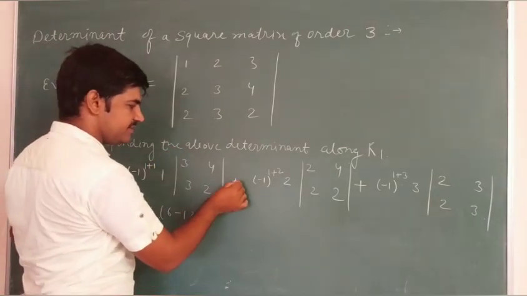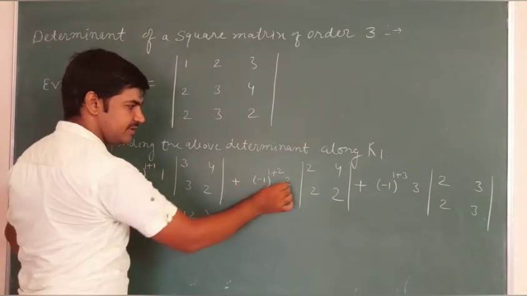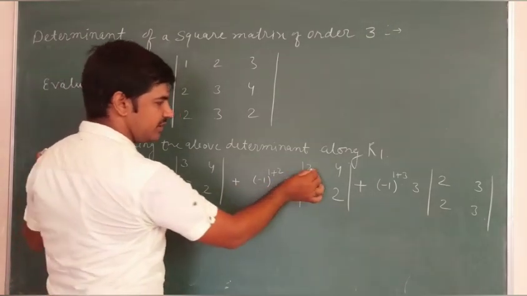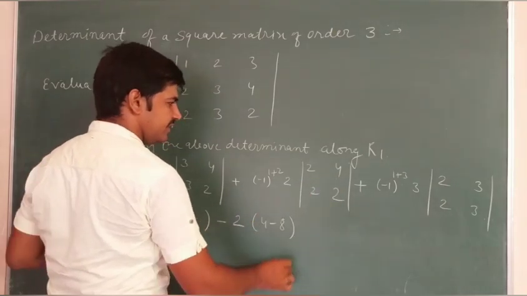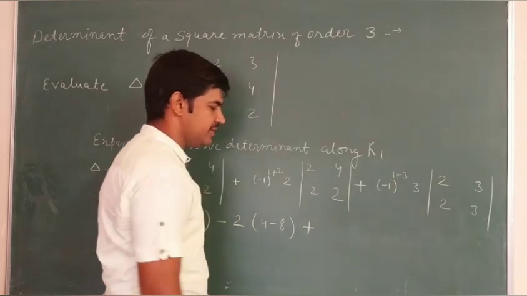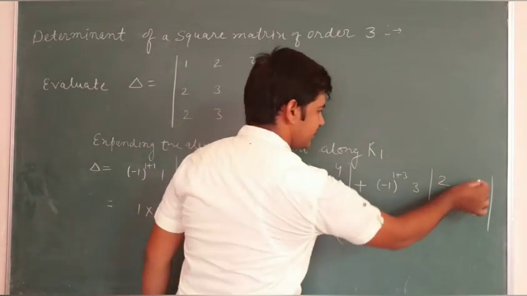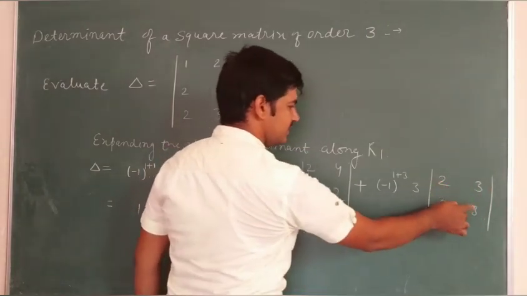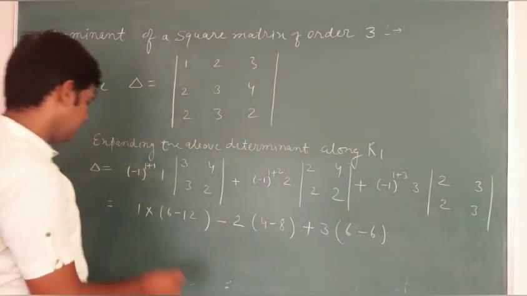And then minus 1 raised to the power 3 is minus 1, so minus 2 times the determinant 4 minus 8. Then plus 1, as minus 1 raised to the power 4 is plus 1, and times 3 times 6 minus 6. 2 times 3 is 6 and 2 times 3 is 6, so 6 minus 6 is obviously 0.